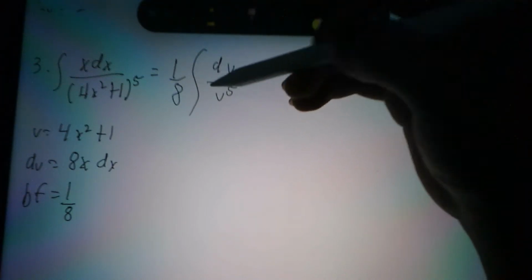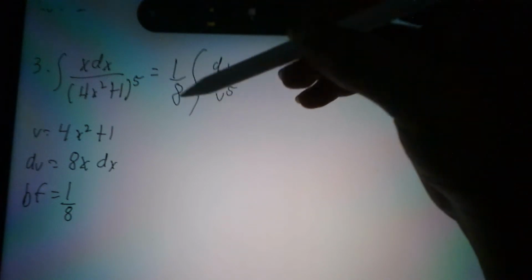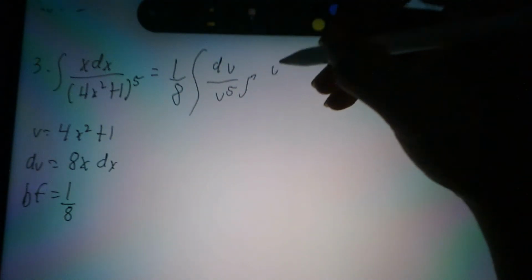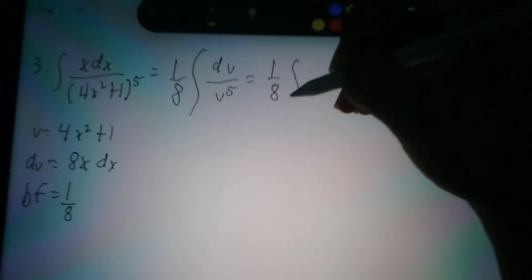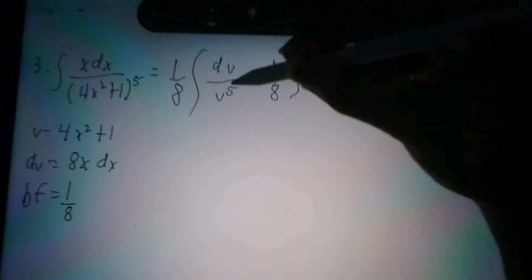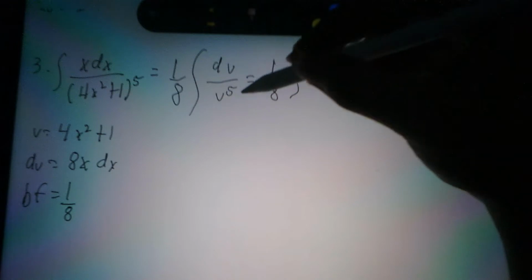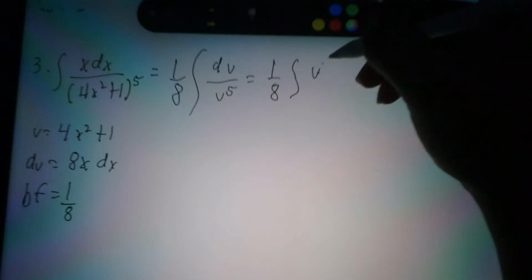Because our u has an exponent of 5 in the denominator, let's move our u up. This will become u raised to negative 5. Don't forget our balancing factor 1/8 and the integral of u. Because we moved u raised to 5 up, we need to change its sign.